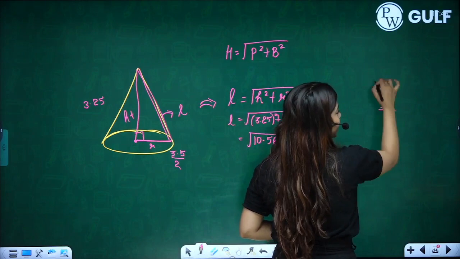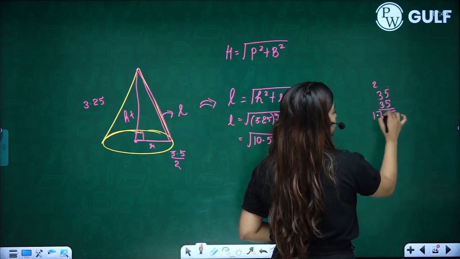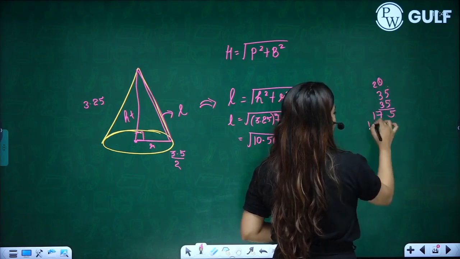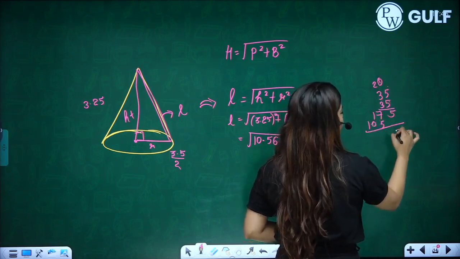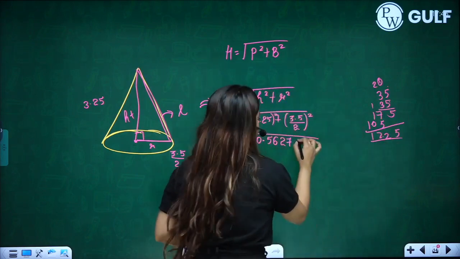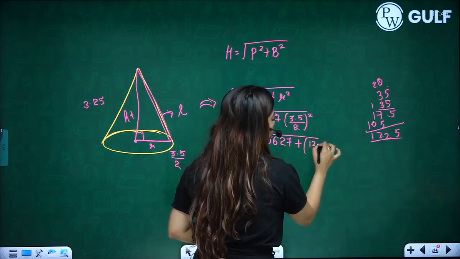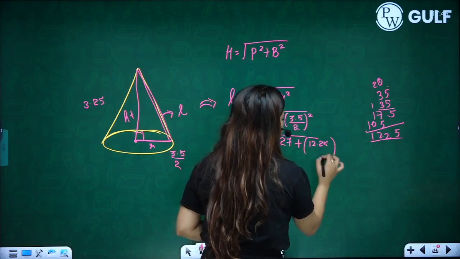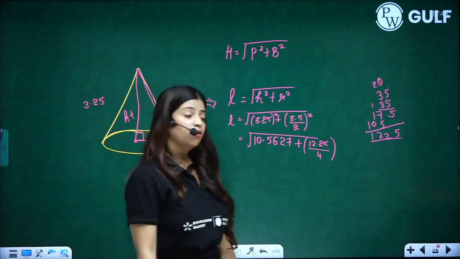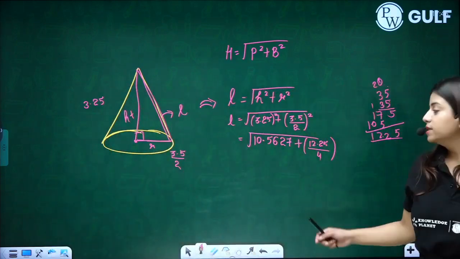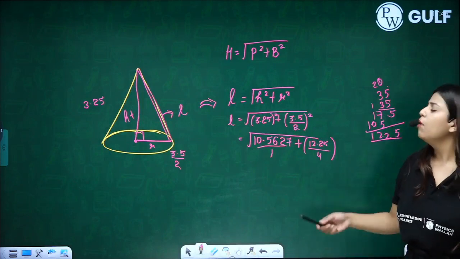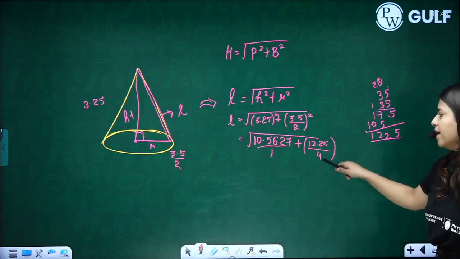Or we can say 35 into 35, students. 5 5s are 25, 5 3s are 15, 16, 17. Then we have 5 3s are 15 again, and 3 3s are 9, 10. So we have 12.25 upon 2 square, which is 4. Right? So what we can do is take the LCM, or if you want to, you can directly solve this.